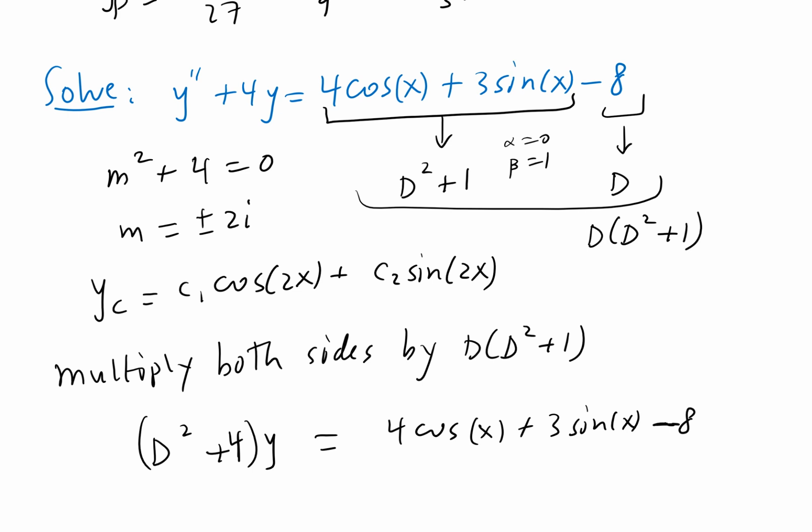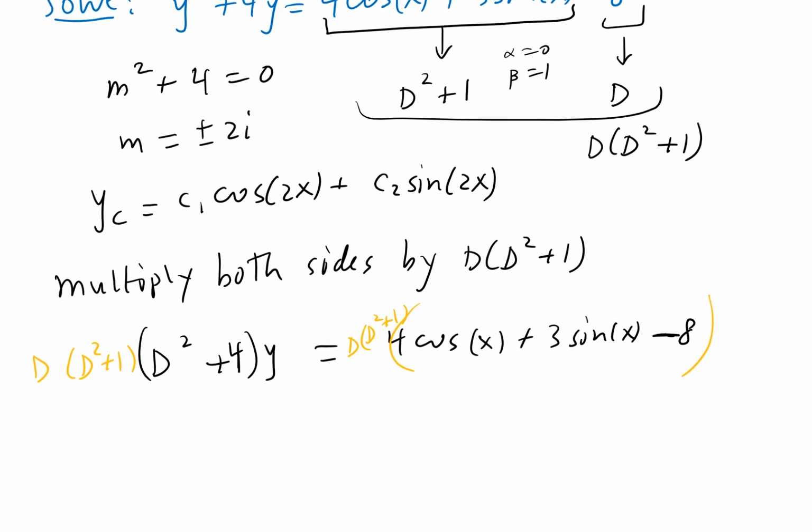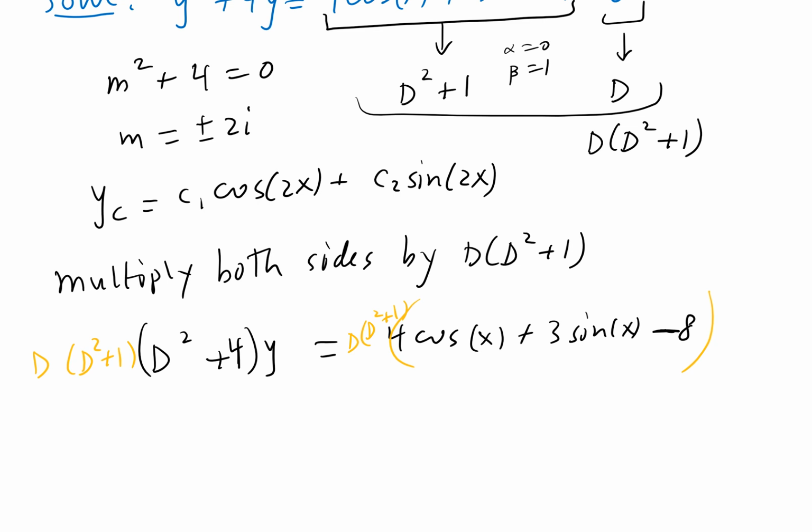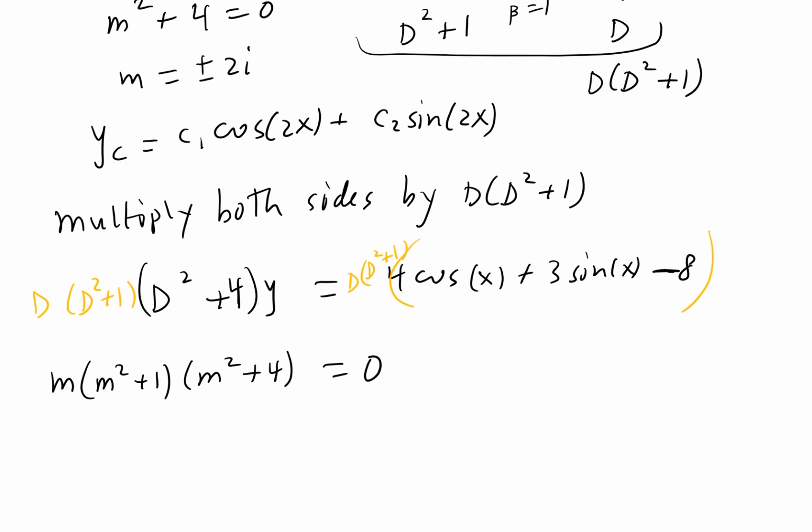We multiply both sides by the same operator, d times d squared plus 1. Converting that into m times m squared plus 1 times m squared plus 4, the right hand side is automatically 0. So I got m equals 0, m equals plus or minus i, m equals plus or minus 2i.